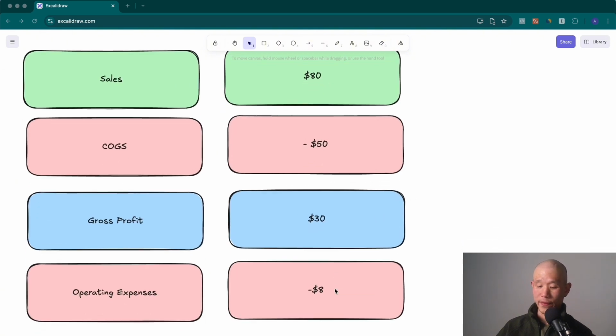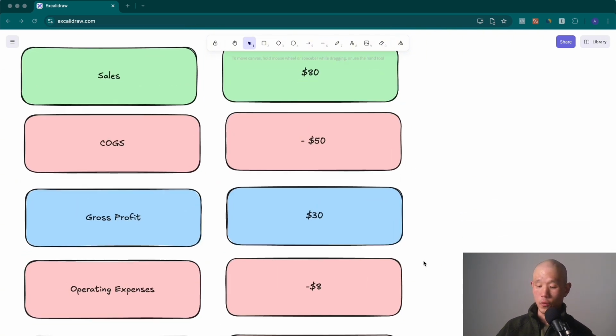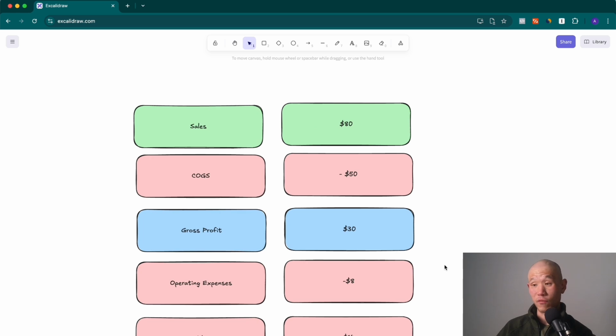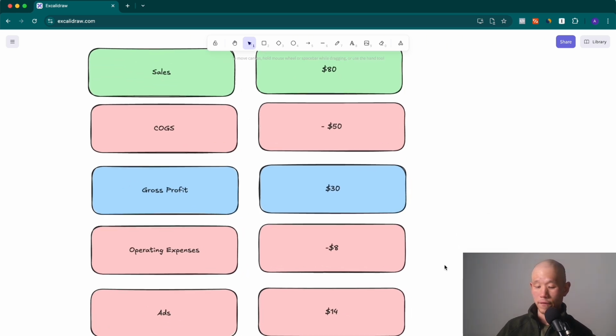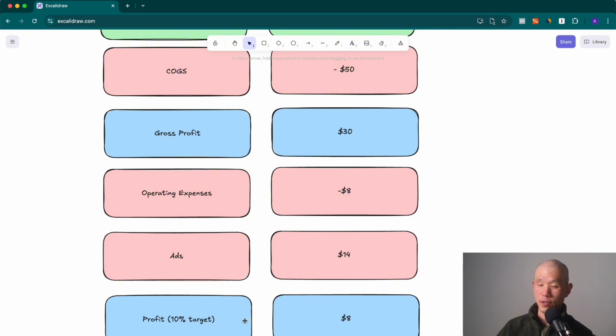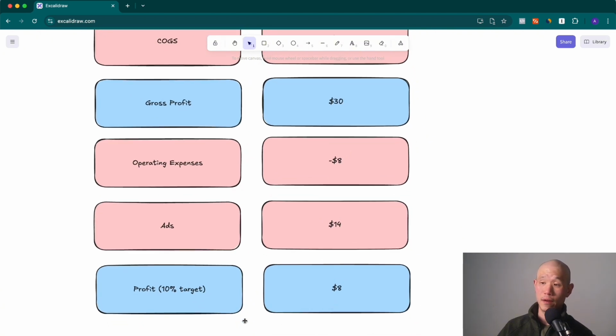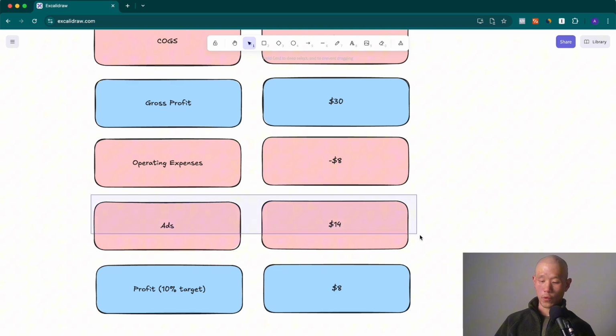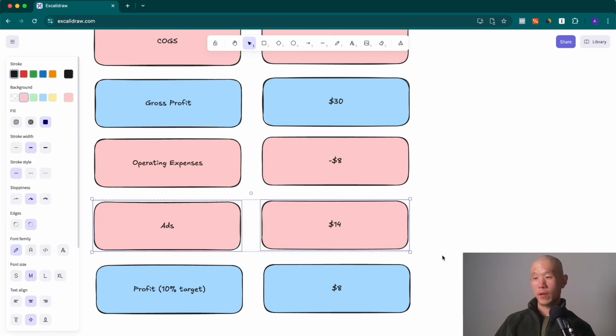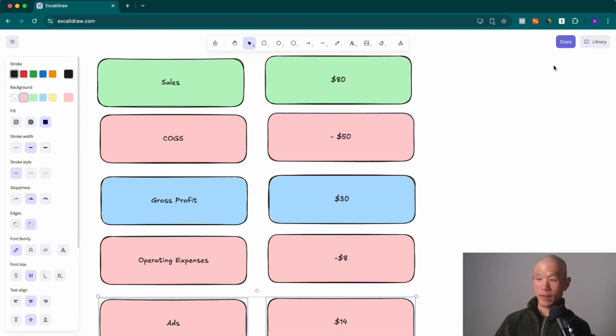And when you unpack this a little more, if you assume operating expenses of 10% of revenue, that's $8 that's gone already. And then if you assume a profit target of 10% on that 80 that you're planning to generate, you end up only with $14 left over in order to spend on ads to generate that $80 in sales.